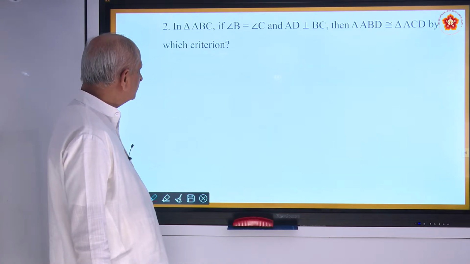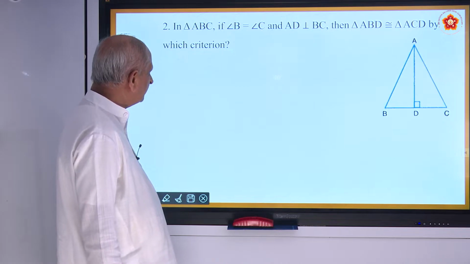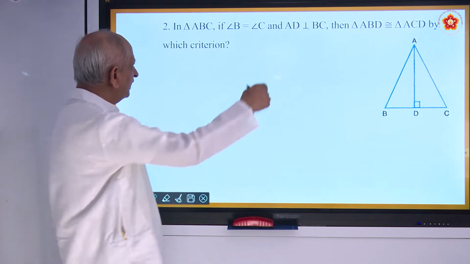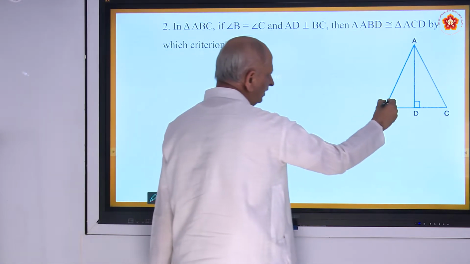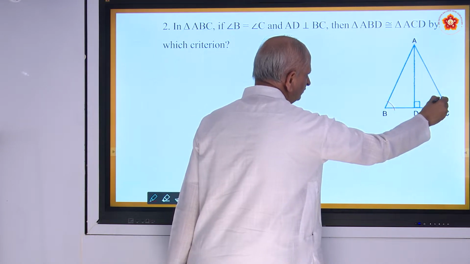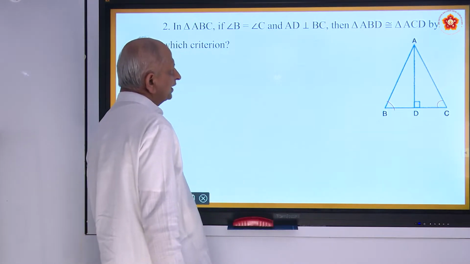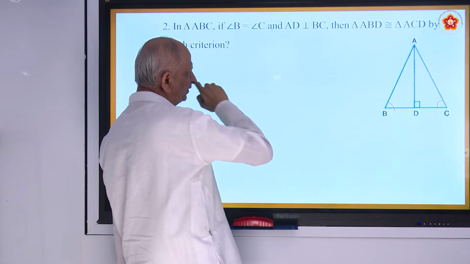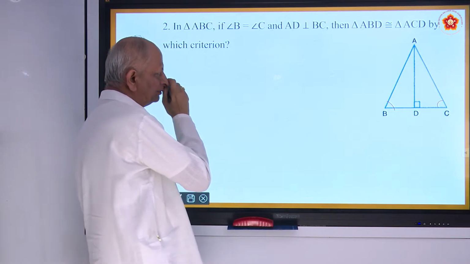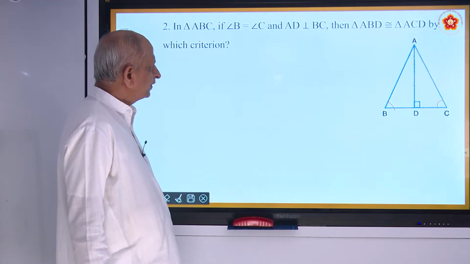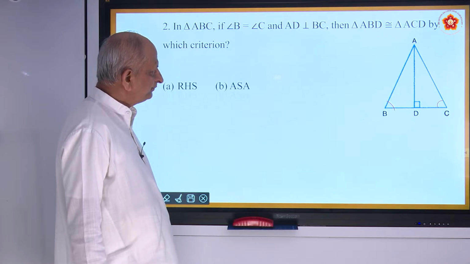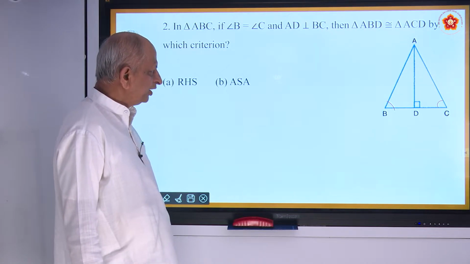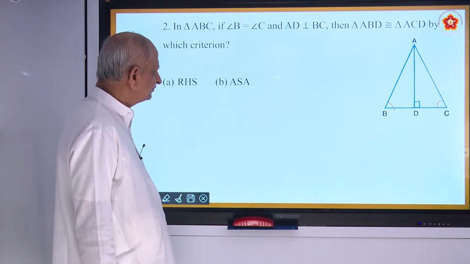Coming to the second question, in triangle ABC, angle B is equal to angle C, and AD is drawn perpendicular to BC. Then triangle ABD is congruent to triangle ACD.